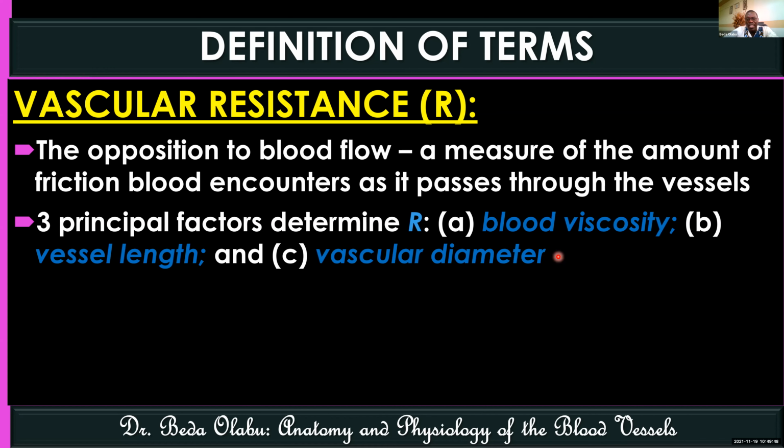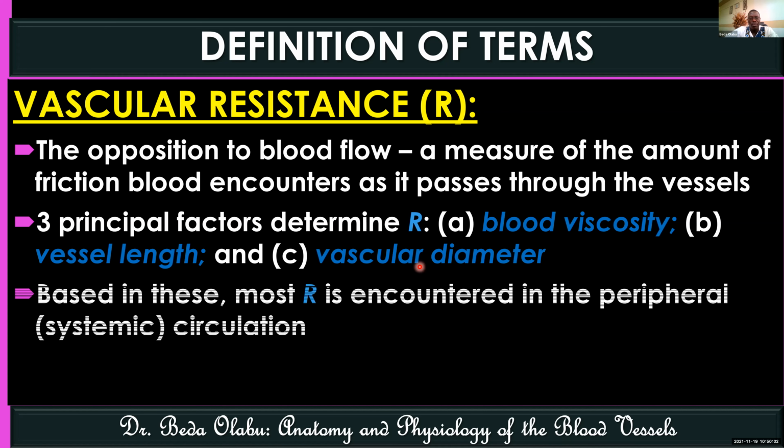And so that third parameter is a major determinant of resistance to blood flow from a very physiological, or practical, point of view. Now, based on those things we've said, many of the narrower blood vessels will be the ones away from the heart, as opposed to the ones closer to the heart.